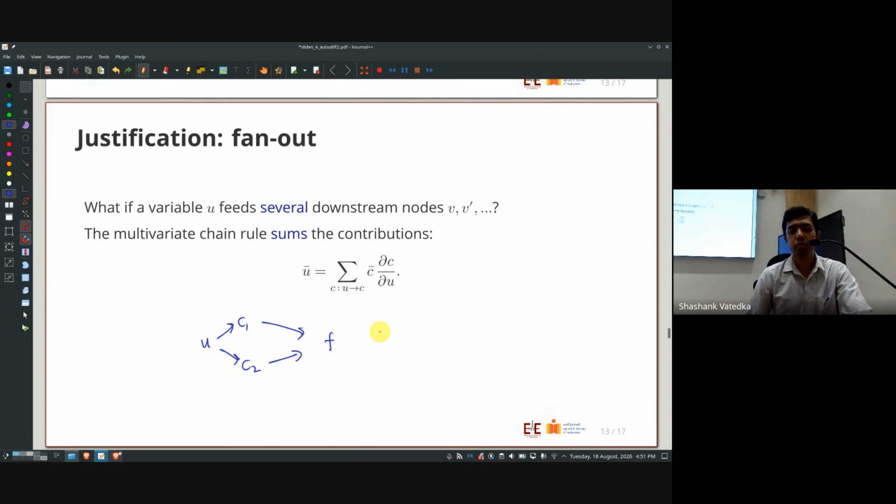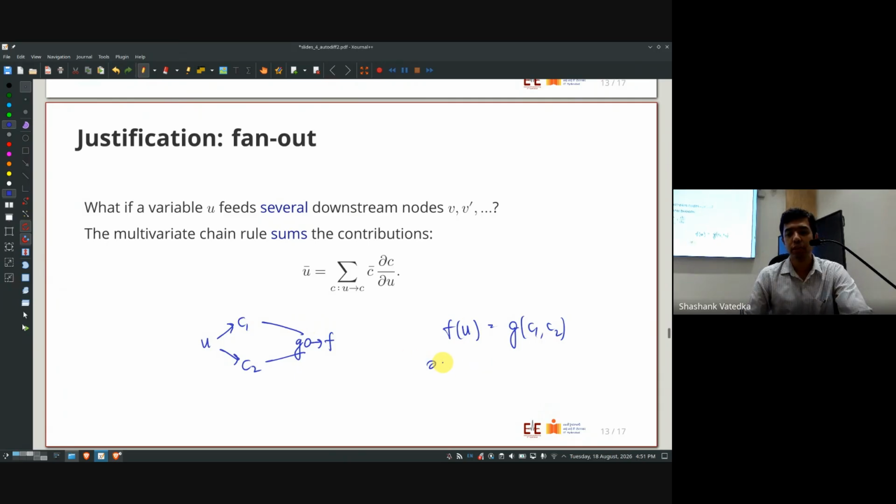So f is some function of C1 and C2. Let me represent this using g. I want to find f of u, which is some g of C1, C2, where C1 is some function of u and C2 is some function of u. That's the situation that I'm in, right?